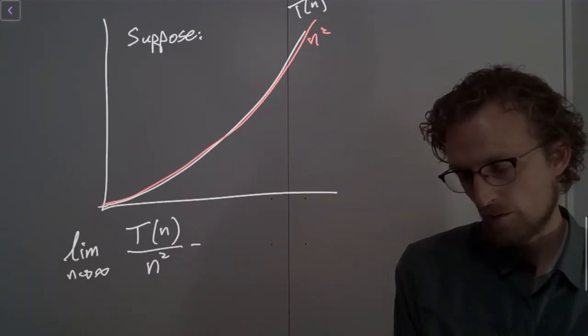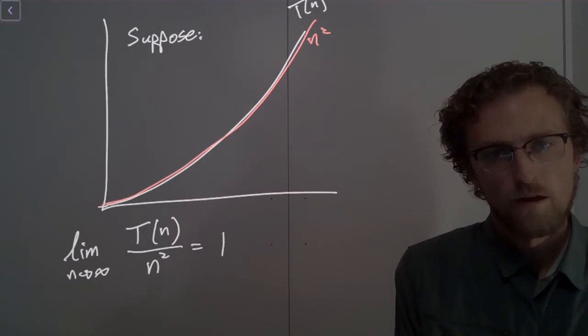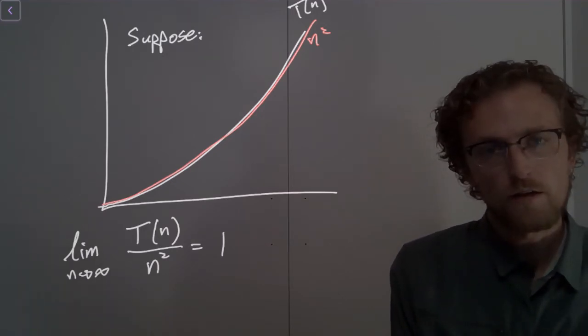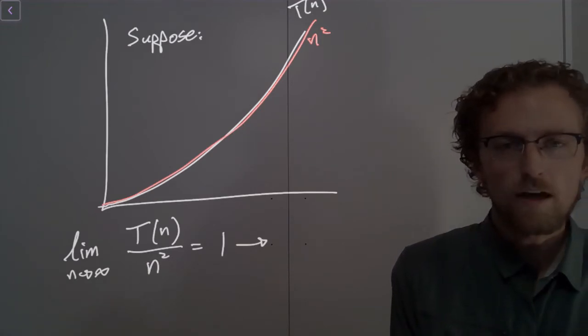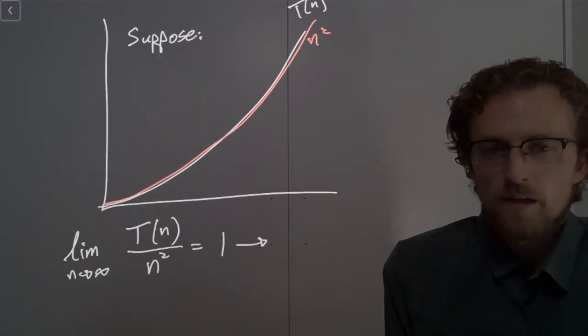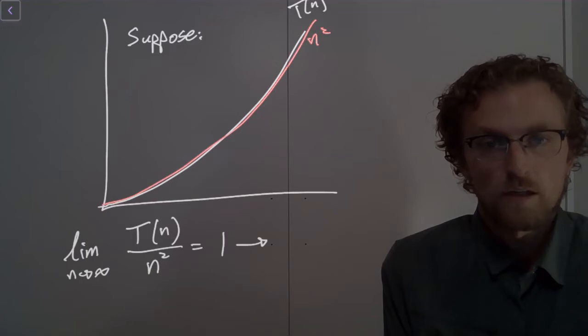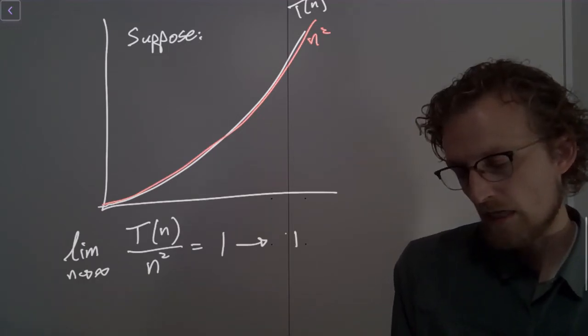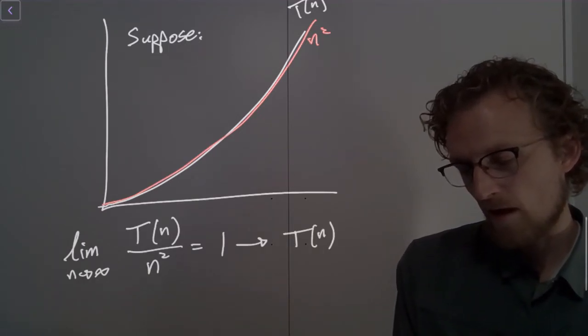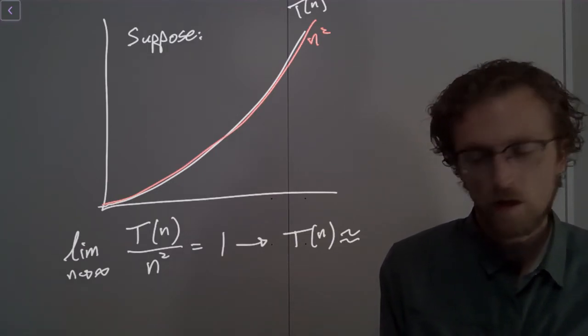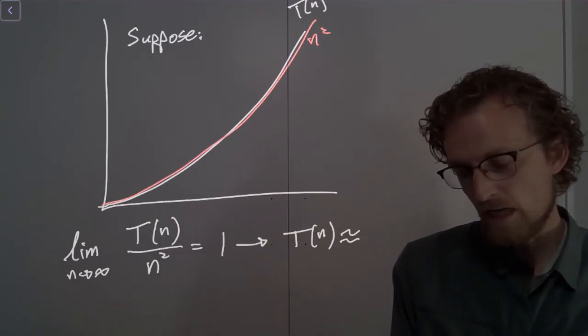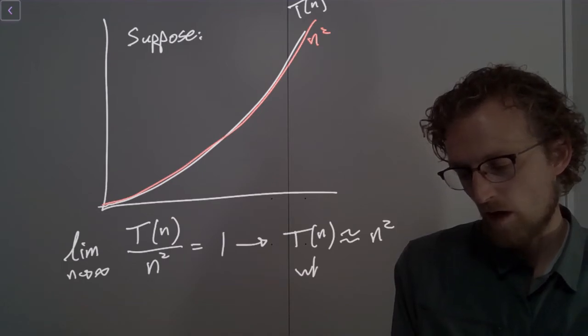Well, it would simply evaluate to 1. What does that mean? It means that T(n) essentially equals n squared when n gets really, really large. I'll write wiggly equals because it doesn't have to equal for small n, but T(n) basically equals n squared when n is large.